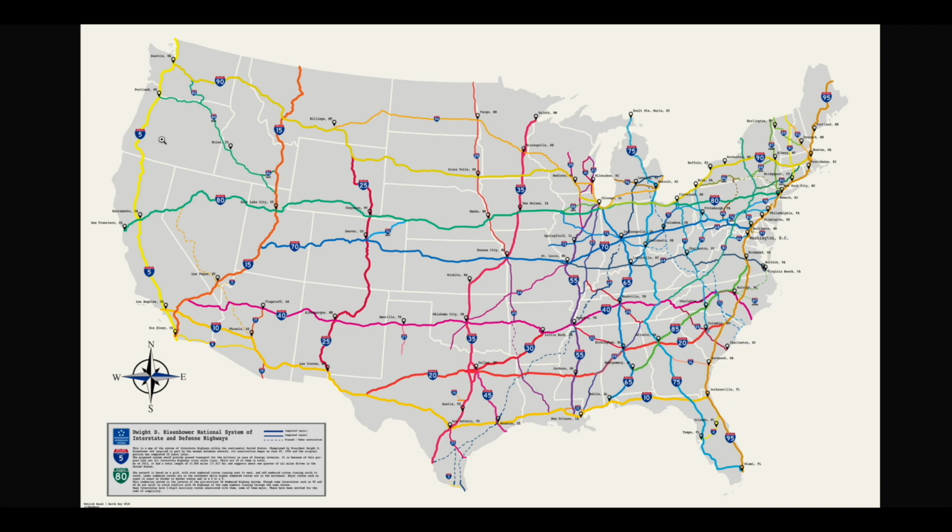Now, what you can also notice is that they go in an order. Okay, so it starts here with I-5, and then 15, 25, 29, 35, 55, 57, 65, 79, 70, 75, 79, and so on. So what they did is roughly the percentage of the country.